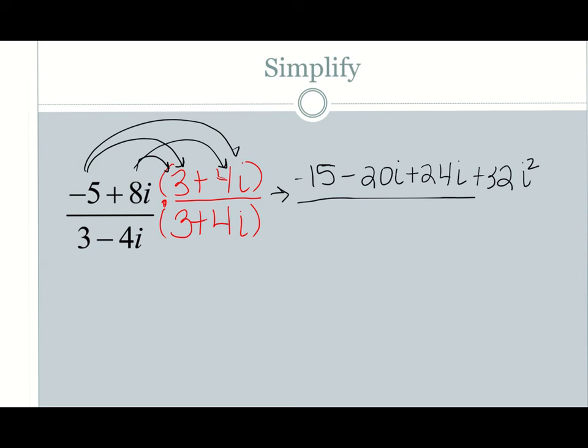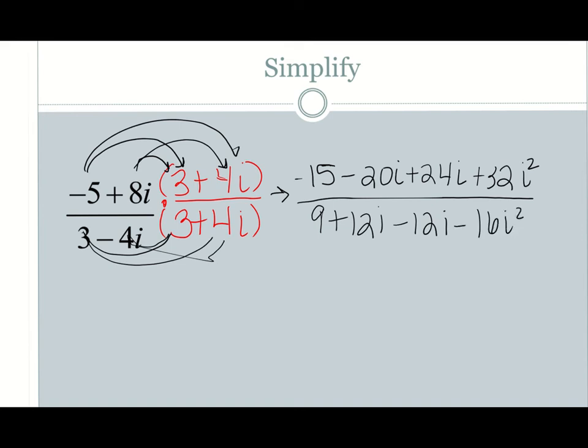Now if we go through and multiply our denominator, we have 3 times 3, which is 9. 3 times 4i, positive 12i. Negative 4i times 3 is negative 12i. And negative 4i times 4i is negative 16i squared.